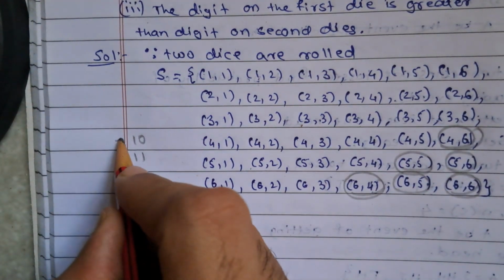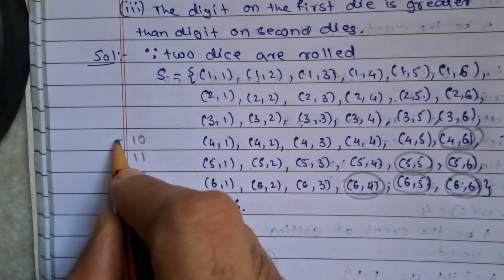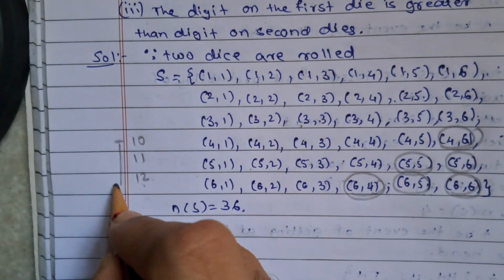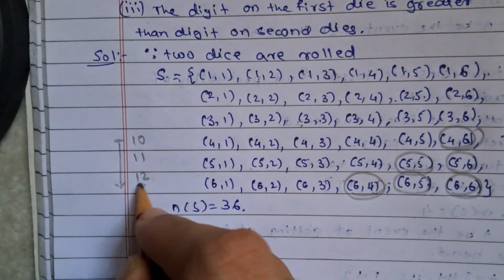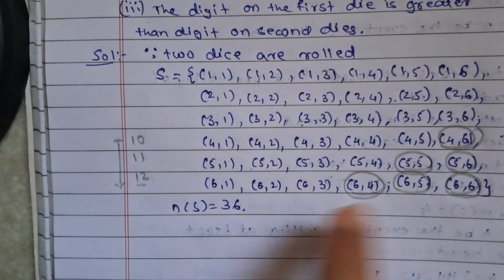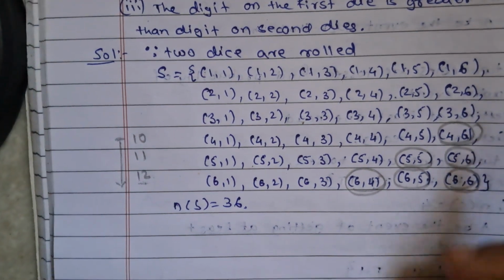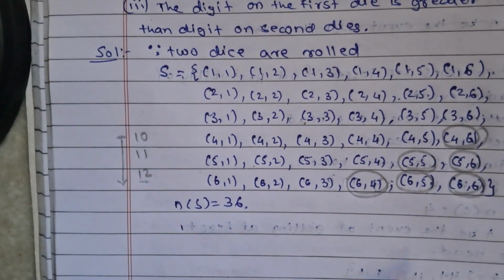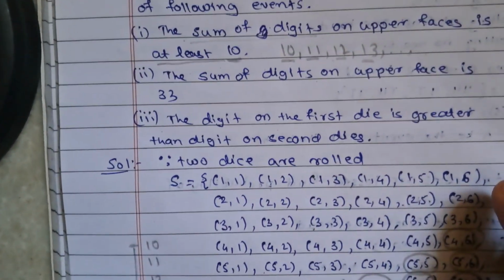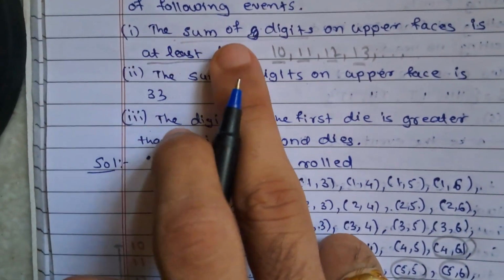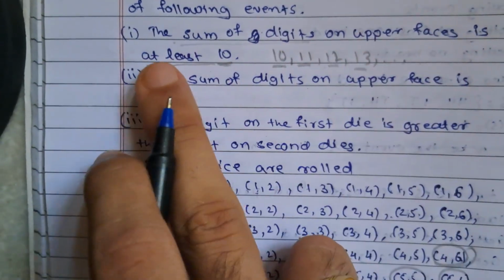So at least 10 means I need to look for any value which is a minimum of 10, and it can go up to any value, but considering 12 is the maximum that I can get over here, these are the only possibilities which we can shortlist, right? So first of all, I will have to name that event. What was that event? Sum of the digits on the upper face is at least 10.